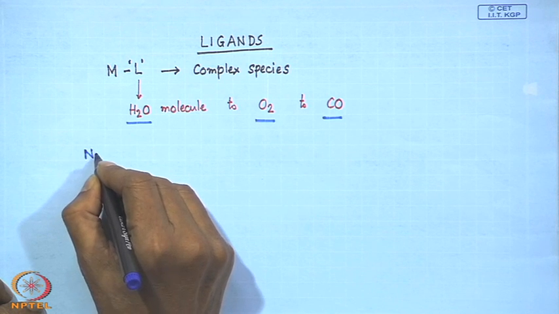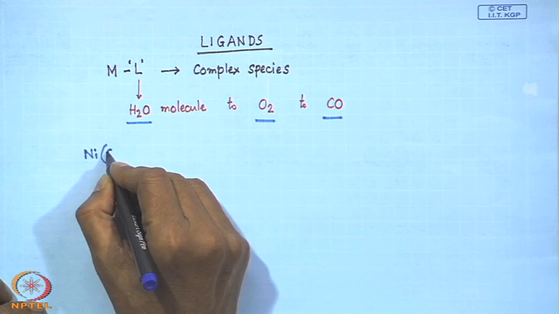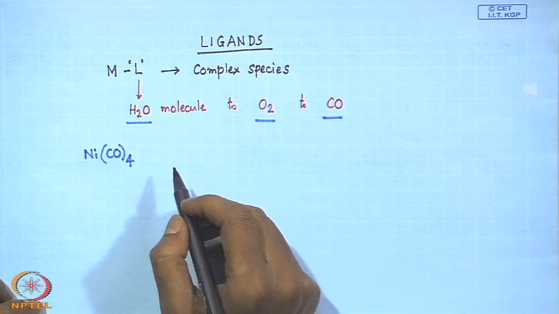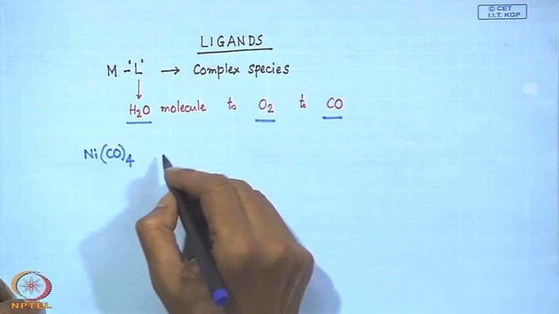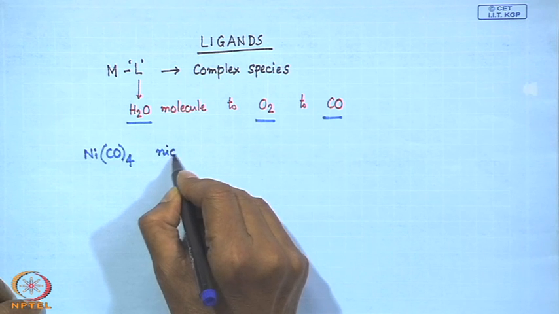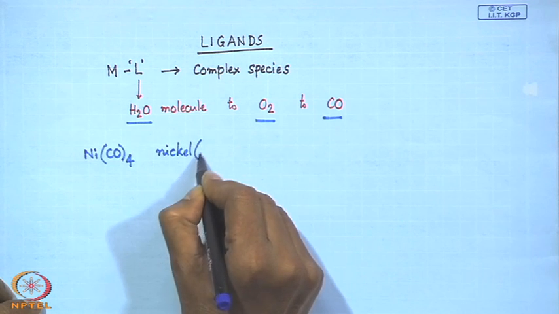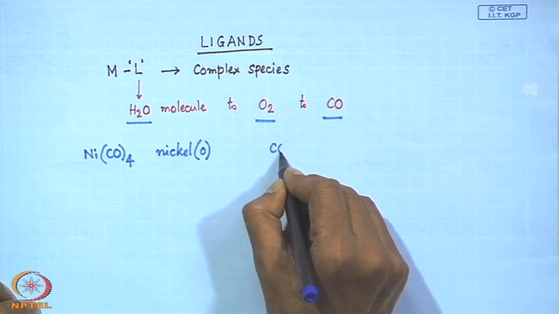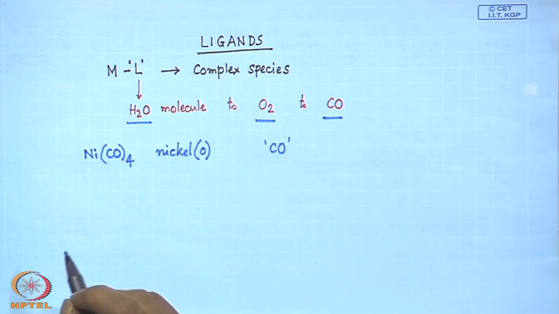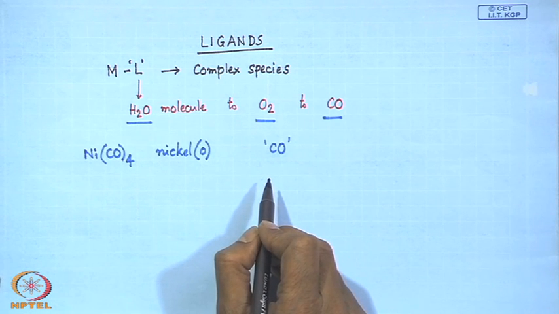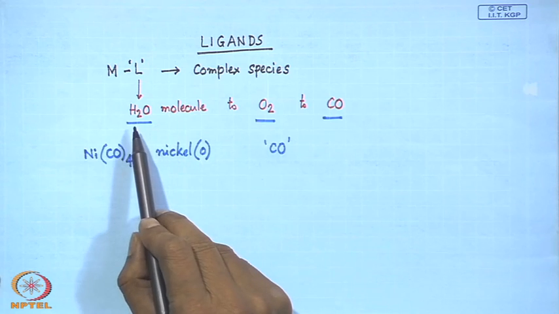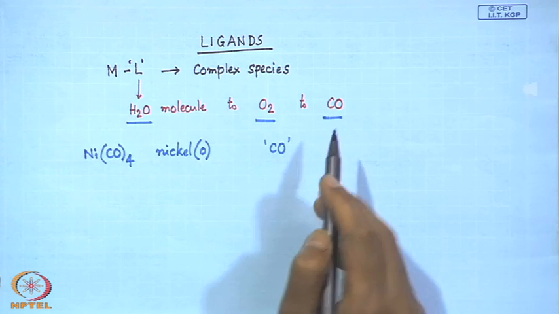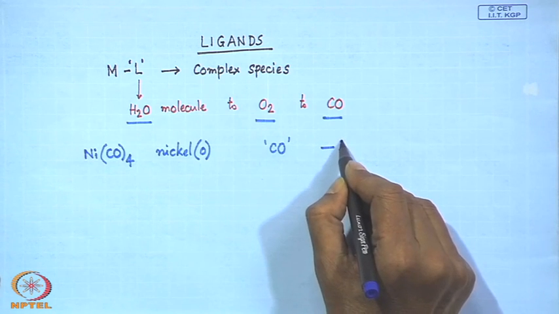What we know is tetracarbonyl nickel, where nickel is in the 0 oxidation state, and carbon monoxide can function as a good monodentate ligand. So, starting from water to dioxygen to carbon monoxide, all of them can function as monodentate ligands.